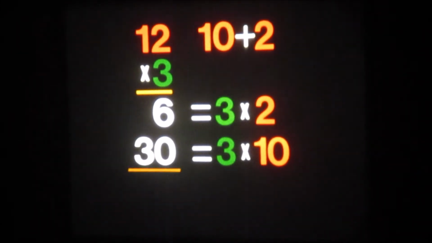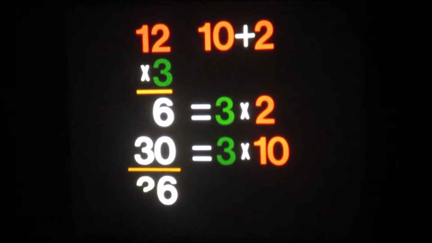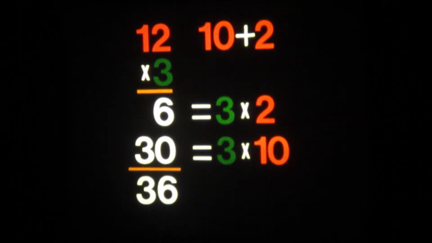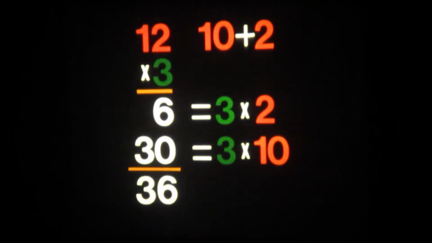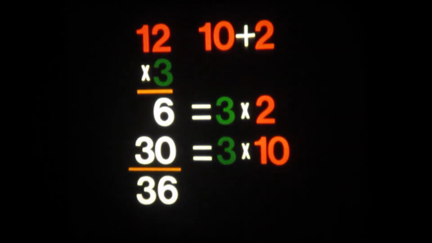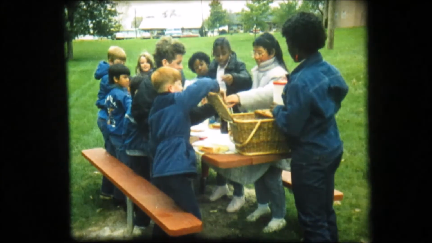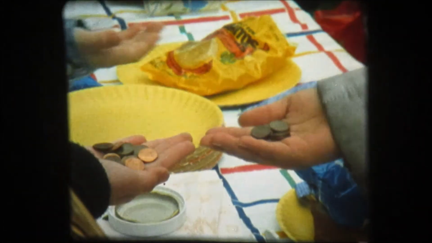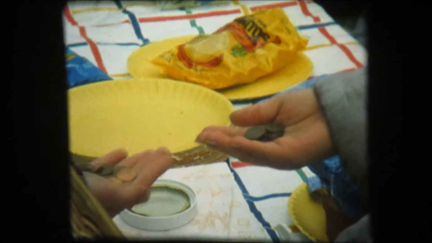When we add 30 and 6, we get 36. So, if each of the 12 children has 3 cents for a drink, we'll have 36 cents altogether. It looks as if we have just enough.